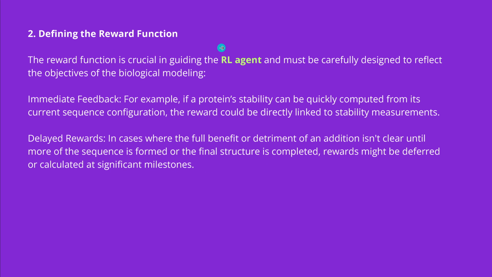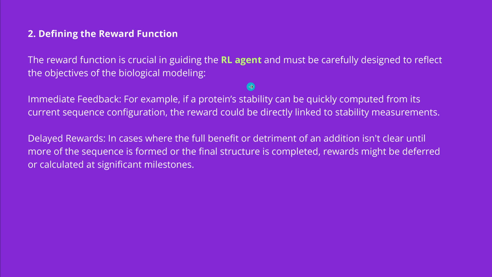Then you have to define your reward function, because this is crucial in guiding your reinforcement learning agent in the fine-tuning phase, and this must be really carefully designed to reflect the objective of the biological modeling, because you get an immediate feedback.